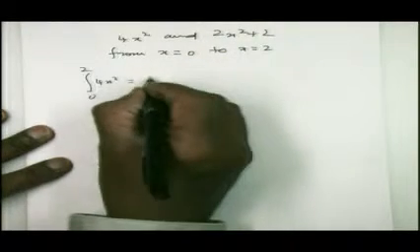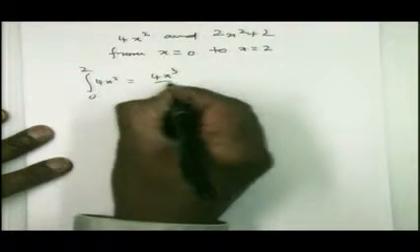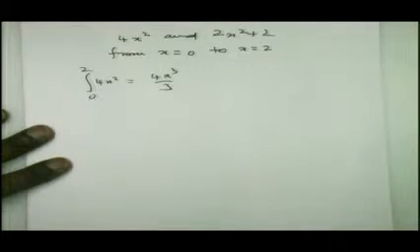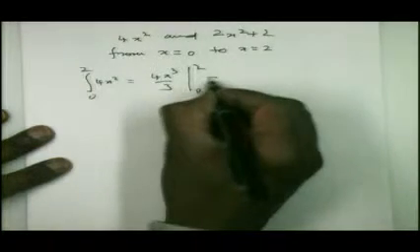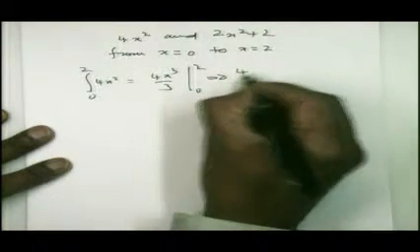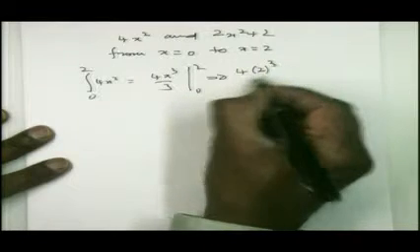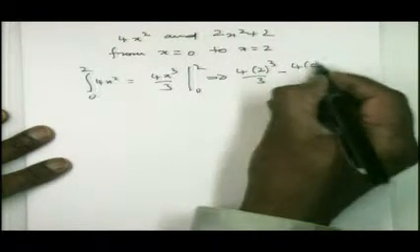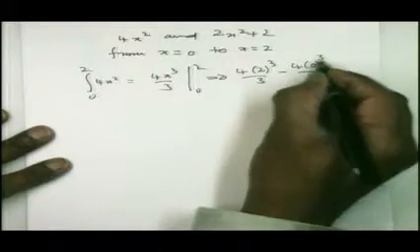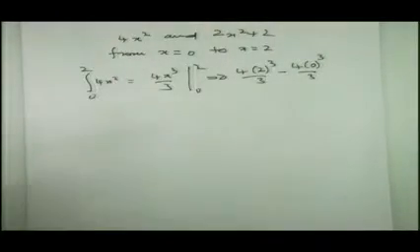This is going to be 4x cube over 3, correct? Integration of x square is x cube over 3 between 0 to 2. So when I substitute the upper limit, I get 4 times 2 to the power of 3 divided by 3 minus 4 times 0 divided by 3. This guy is going to give me 0.